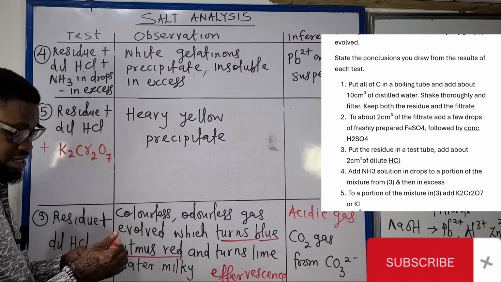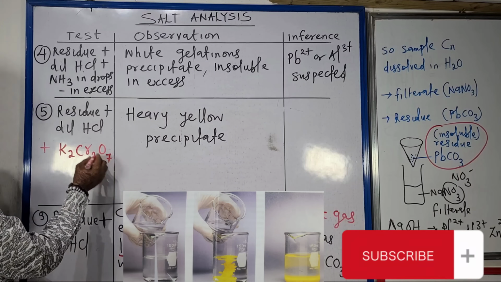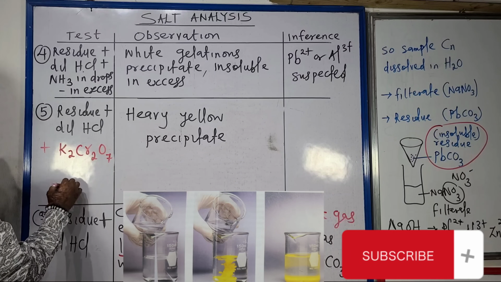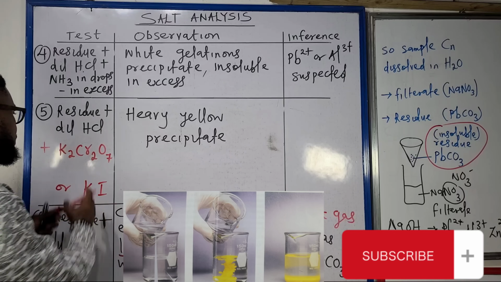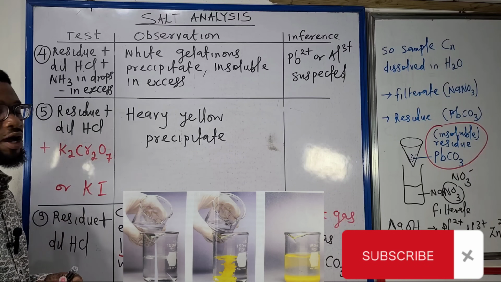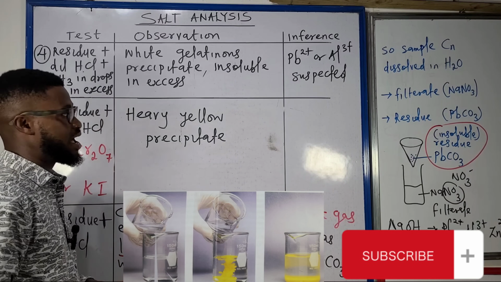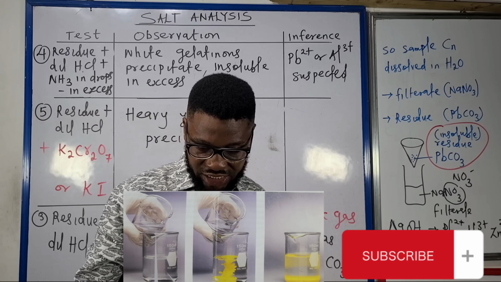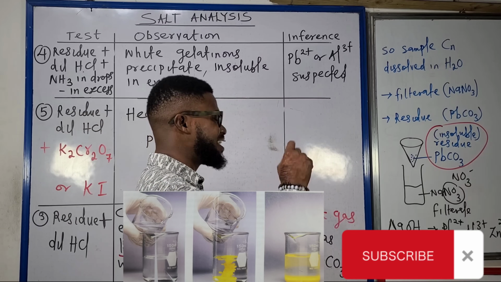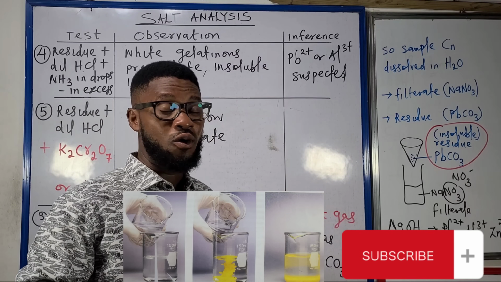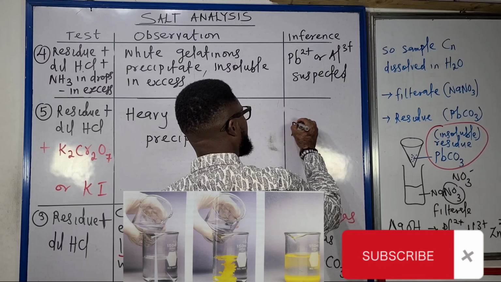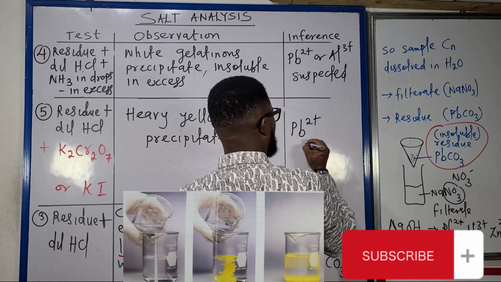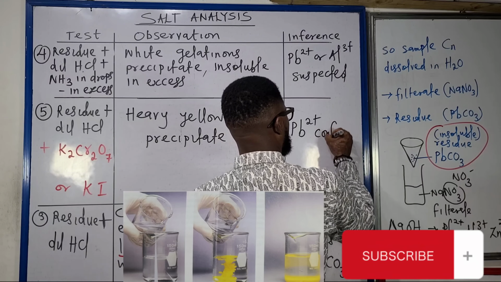Either you are using potassium heptaoxodichromate VI or you're using potassium iodide. Any of them, if you're told to use any of them, you're going to have a heavy yellow precipitate, and in that case, that is the confirmatory test for lead. So you say here lead Pb2+ confirmed.